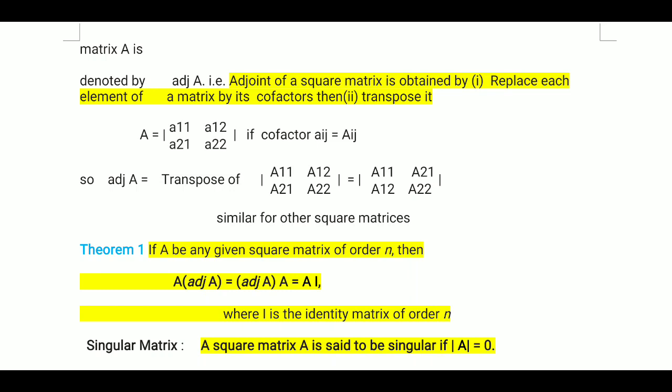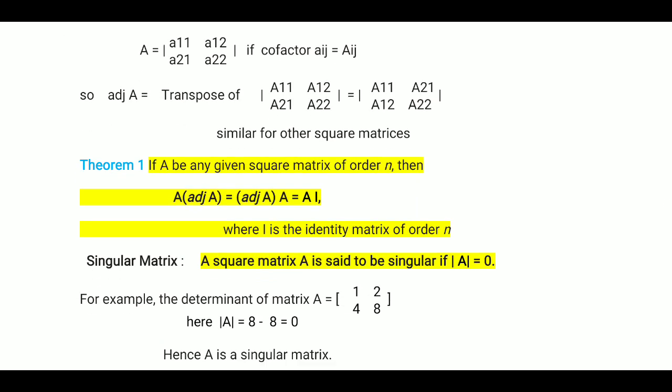Thus keep in mind, first we find the cofactor of each element, then get a determinant replacing each element by its cofactor, and the third step is to transpose that. Thus we can get the adjoint of the given matrix, and this method is for all square matrices.